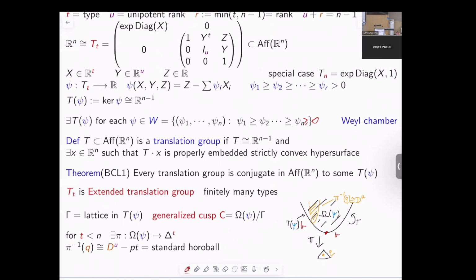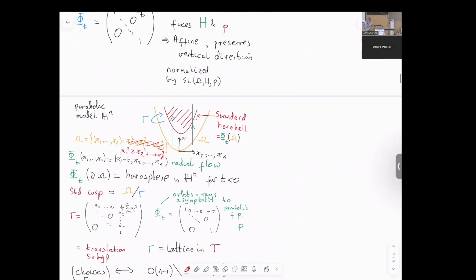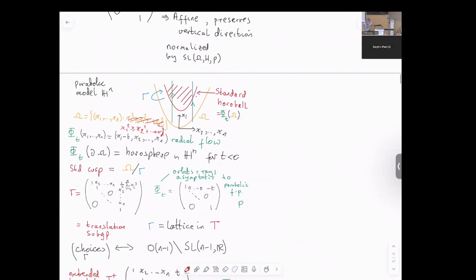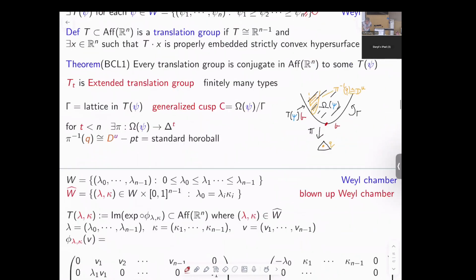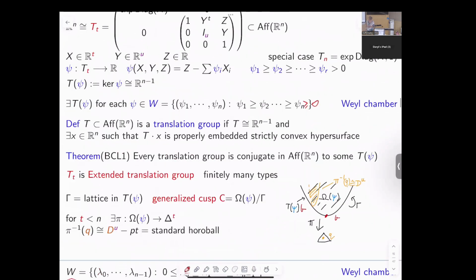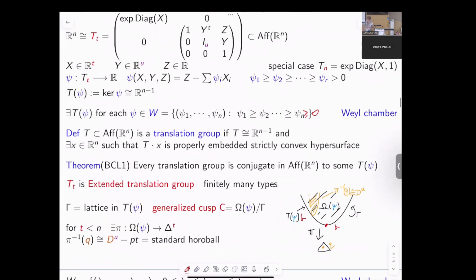And the preimage of a point in this simplex is a copy of the standard horoball, which is a horoball in hyperbolic space. So the domains you get for these groups are some kind of combination of the simplex and standard horoballs.